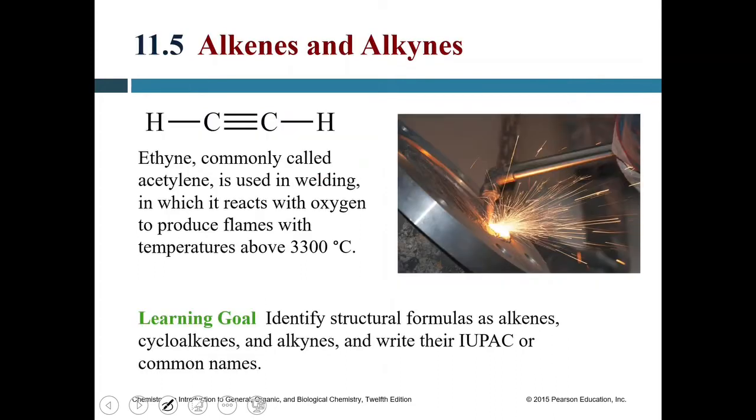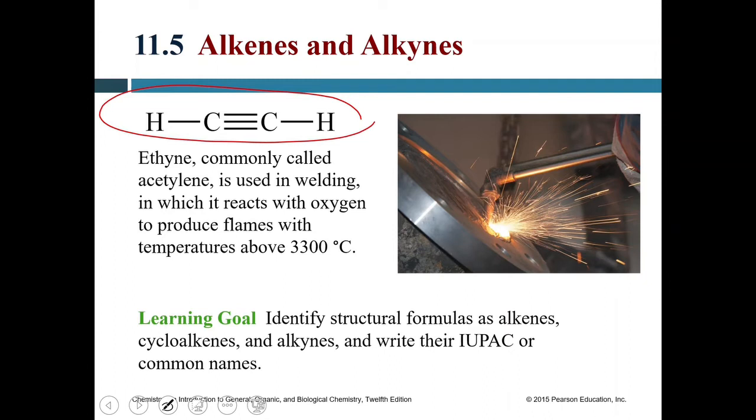Now, there are some hydrocarbons that contain not single but double or triple bonds between carbons. We call them alkenes and alkynes respectively. So ethyne here, often called acetylene, is widely used in welding.